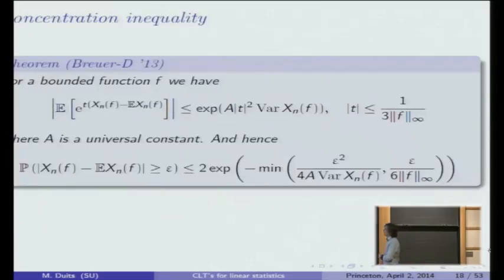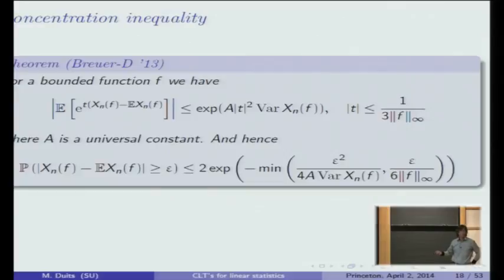Okay, so that brings me to a first theorem that we prove, and that's the following. You can prove that the moment generating function for the centered fluctuation is bounded by the exponential of a times t squared times the variance, where a is some universal constant. It's very explicit.